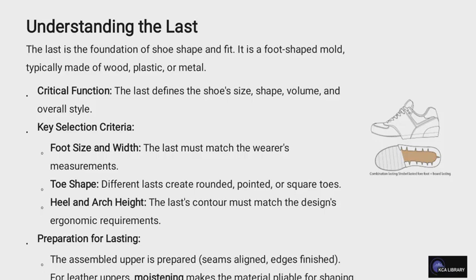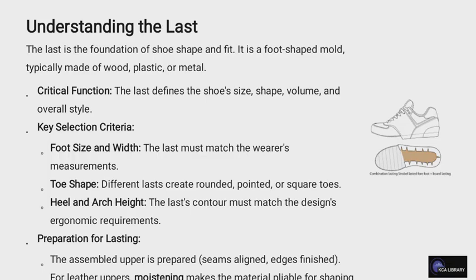In understanding the last, the last is the foundation of shoe shape and fit. It is a foot-shaped mold, typically made of wood, plastic, or metal. Its critical function is that the last defines the shoe size, shape, volume, and also the overall style.